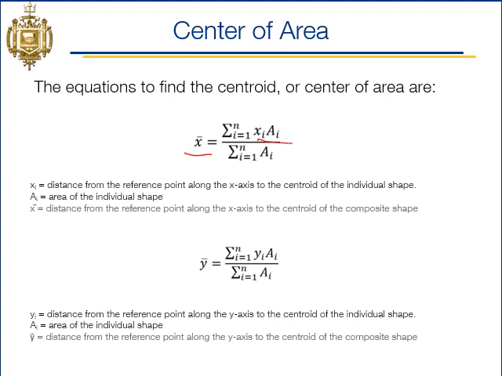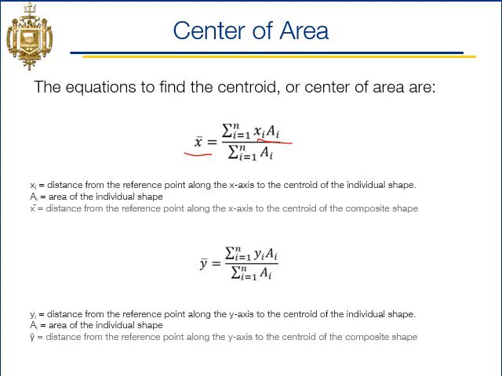So xi is the distance from the reference point along the x-axis to the centroid of our individual shape. You'll see what that looks like in the upcoming slides. The big thing is it's the distance from the reference point along the x-axis.